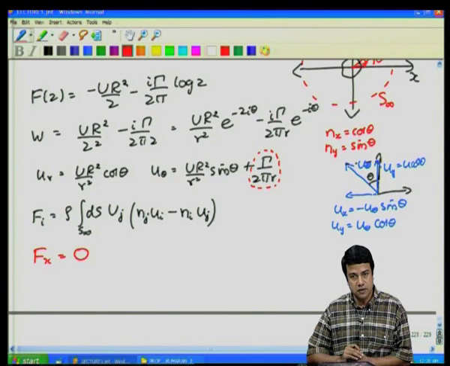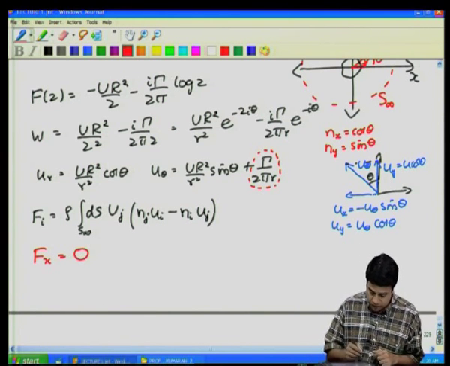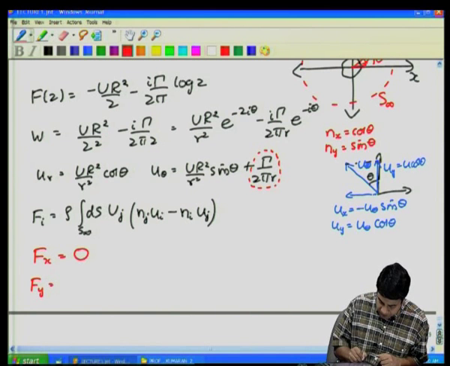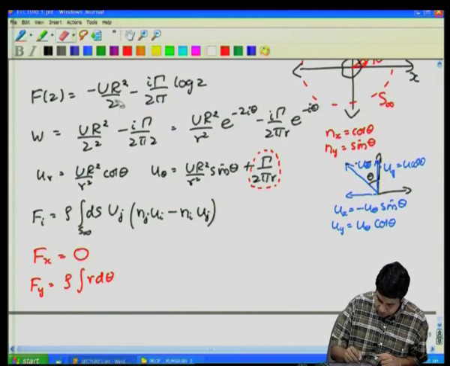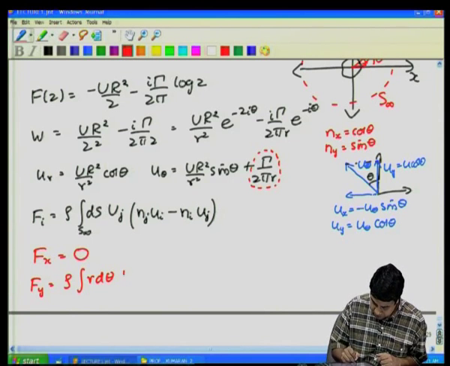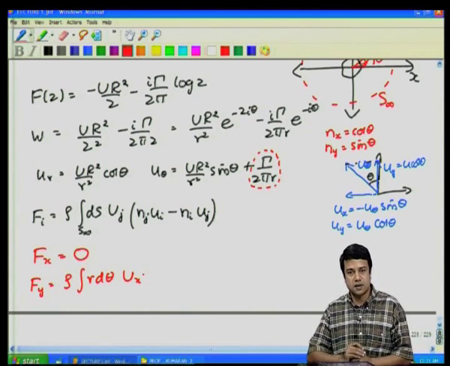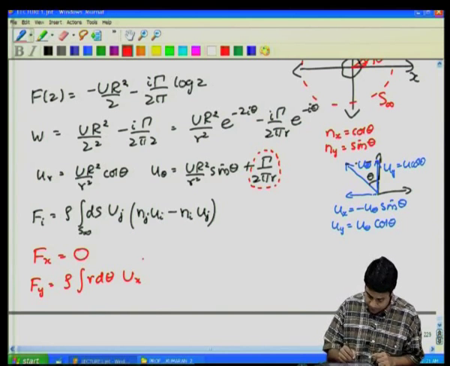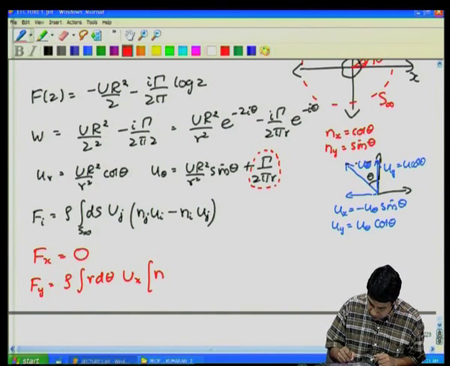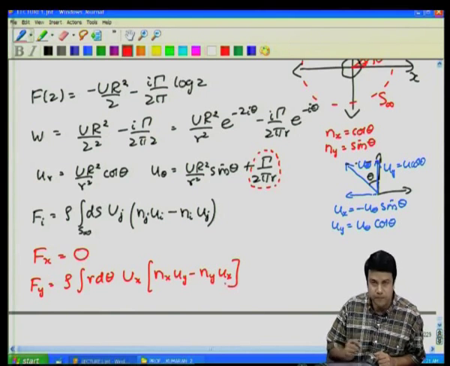What about the force along the y direction? The force along the y direction is equal to rho integral r d theta of this force, u x. Here ds is of course a line in 2 dimensions, it is r d theta, u x times n x u y minus n y u x.